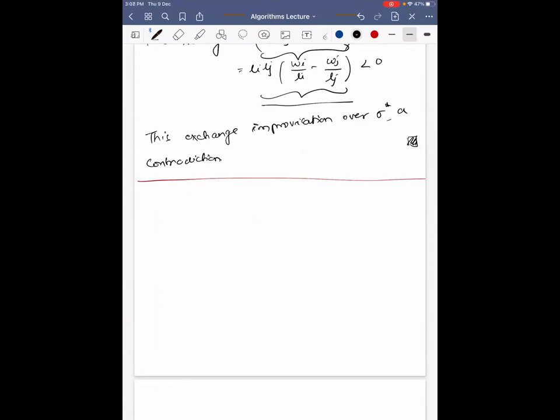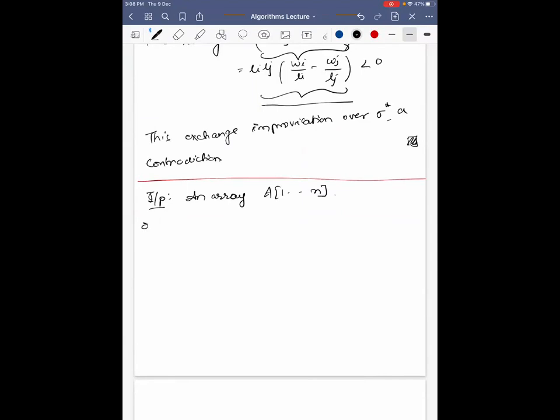Okay, so now consider the following problem. Suppose you are given as input an array A of length n, and you want to find the length of the longest increasing subsequence in this array.